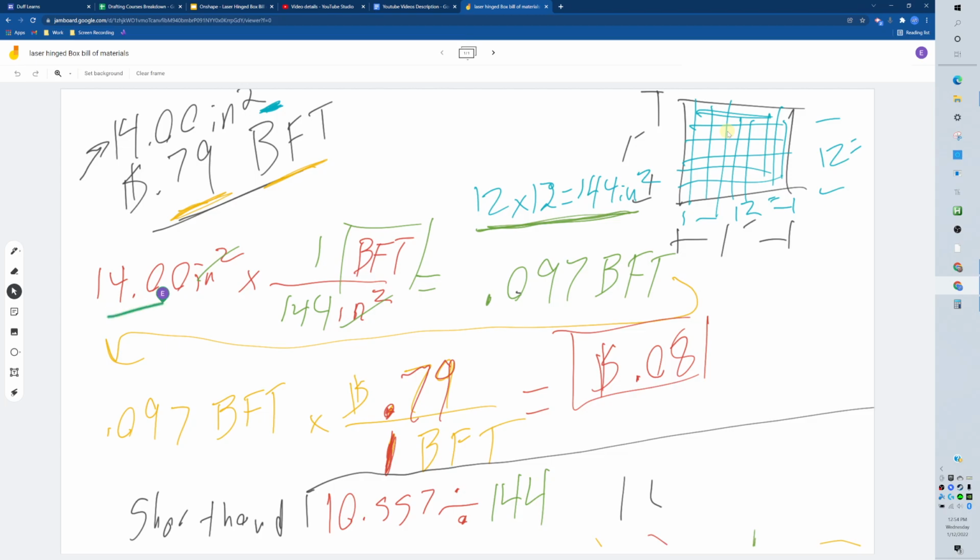I took my surface area and then divided, because it says multiply here, but it's on the bottom. So I'm going to divide by 144. Now that I have that number, I can multiply by 79 cents. So I just have to say 0.79, and that'll give me my answer.